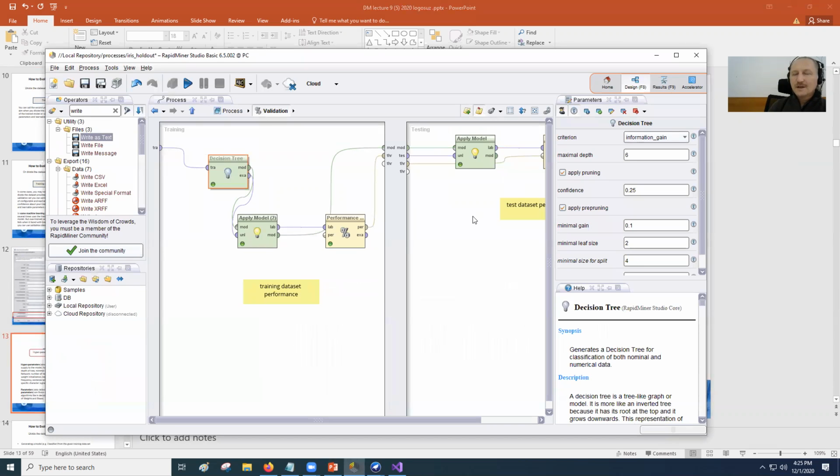I am getting some accuracy and I am using it to validate this hyperparameter. Also, leaf size, for example, minimum leaf size. We will see them later. Okay, they are just examples.